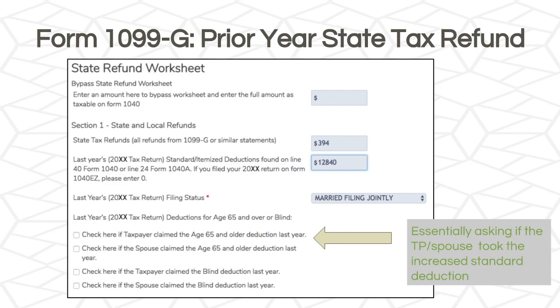So if you're checking any of these boxes, then you're essentially saying the taxpayer did take the standard deduction, in which case their prior year state tax refund will not be taxable. Because remember, one of the conditions for the state tax refund to be taxable is that the taxpayer itemized deductions on their prior year federal return rather than taking the standard deduction.